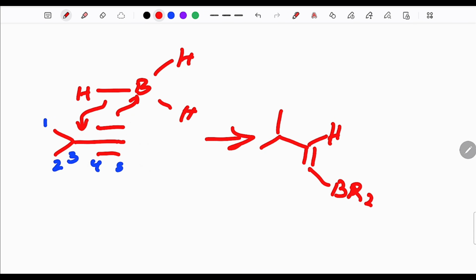As such. Remember, which one of these two is the least substituted region? This or this? Obviously this one, and so he will come and add there. This guy, again, let's count our carbons. 1, 2, 3, 4, 5. Okay. So that hydrogen was the one from the borane. This is now here. Amazing.